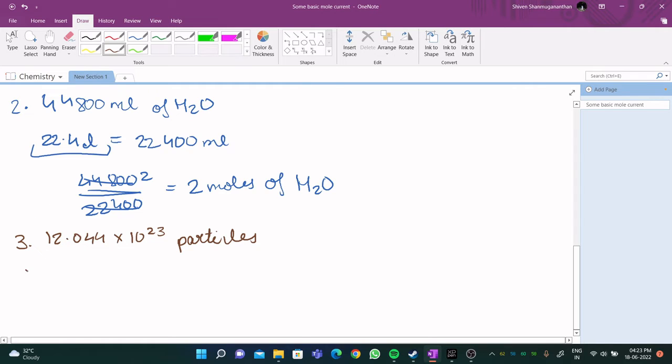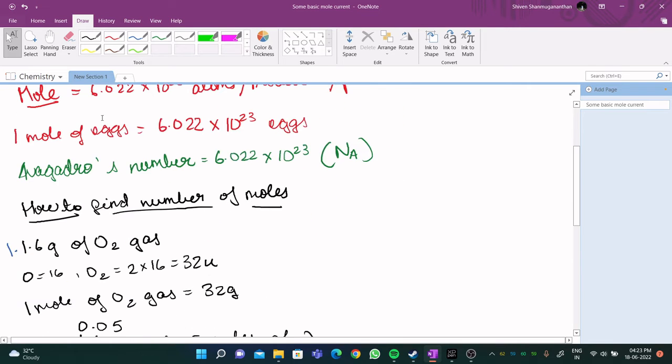We discussed earlier that 1 mole has Avogadro's number of particles, as we saw here.